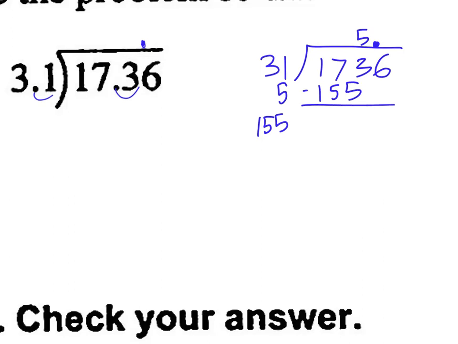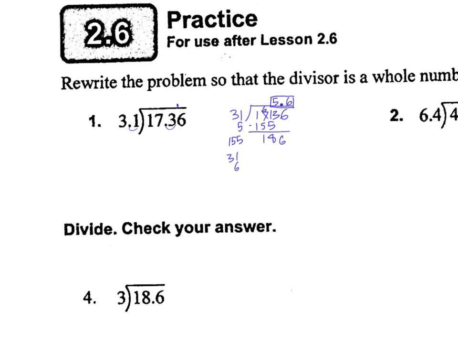We're going to subtract, have to borrow. That's 8, 1, 8, and 6. So let's do 31 times 6, and that is going to be 186. So it goes 6 times. So there we go. We've got our 5 6/10 for our first answer.